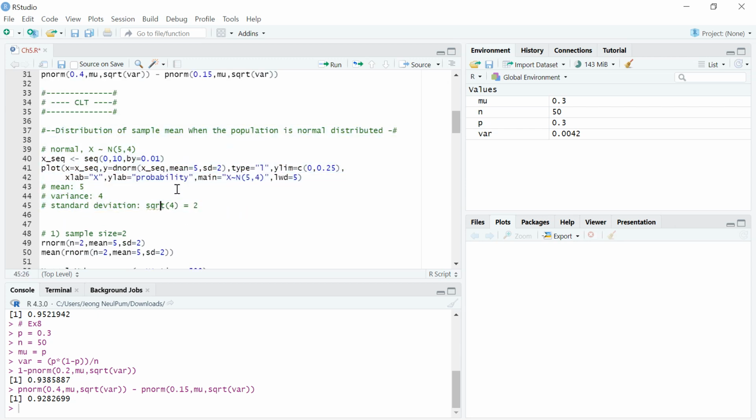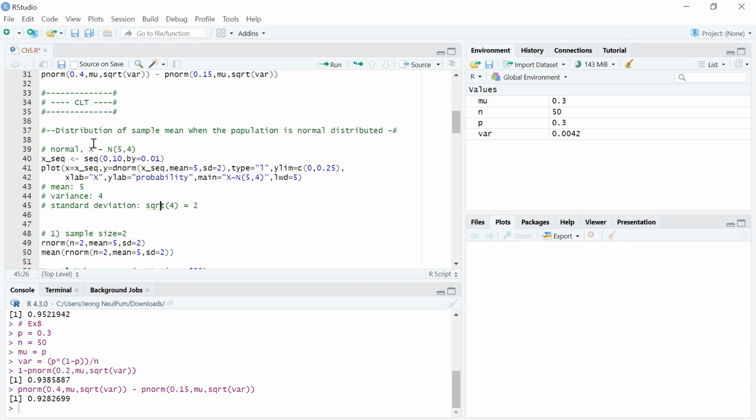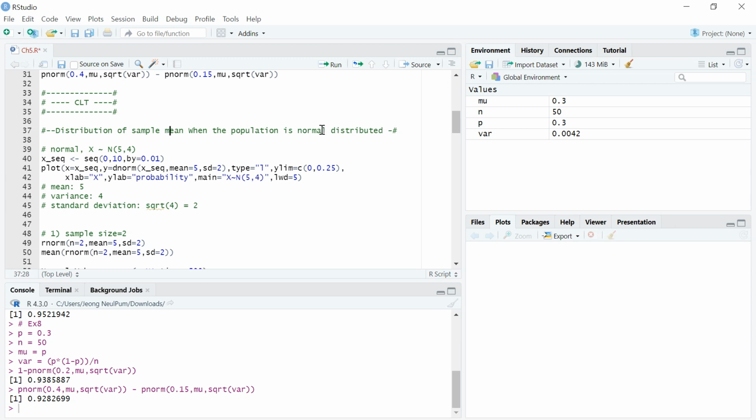We are just repeating the same experiment with different sample sizes so that we can check the relationship between the sample size and the power of the central limit theorem. The central limit theorem says that even though we start from any distribution, the sample mean always leads to the normal distribution.